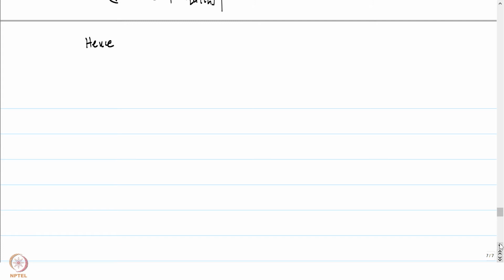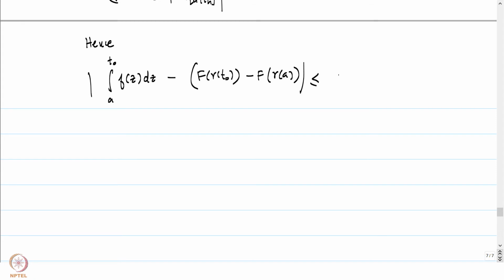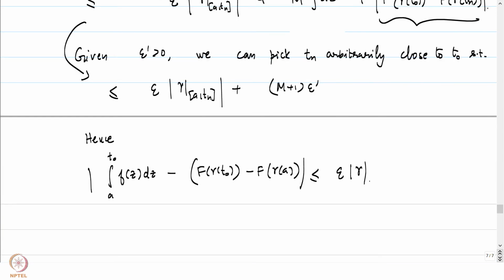So let me just write that down again so that we know exactly what we were doing. Hence, what do we have? The absolute value of the integral of f of z from a to T naught, minus f of gamma of T naught, minus f of gamma of A, is less than or equal to epsilon times the arc length of gamma restricted to A comma Tn plus M plus 1 times epsilon prime.